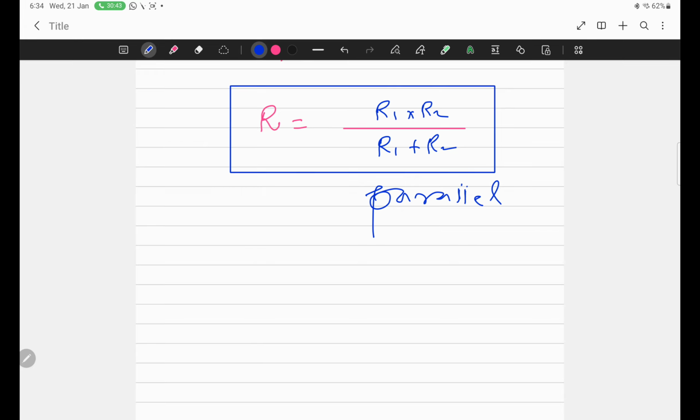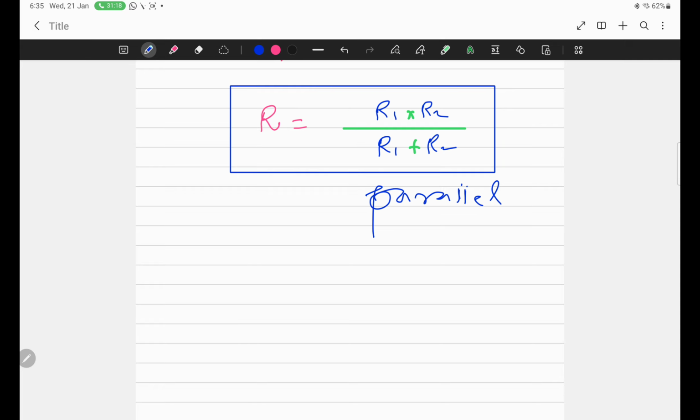Okay. So if two resistors are connected in parallel, then I will say divide product by sum. When you divide product by sum, then this is called the parallel circuit total.